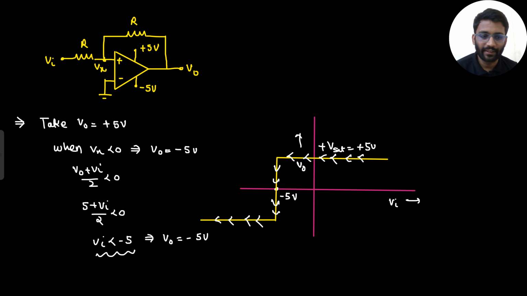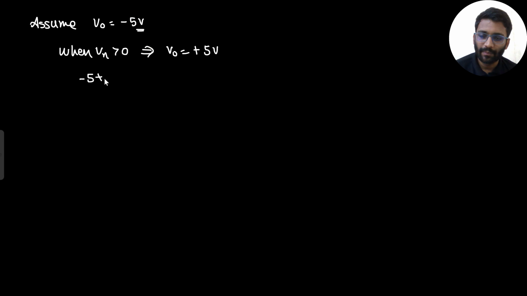So this equation I can directly write: minus 5 plus V in by 2 should be greater than 0.